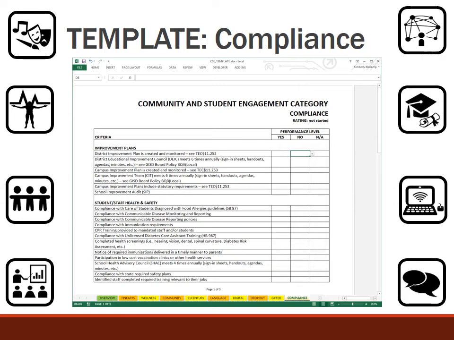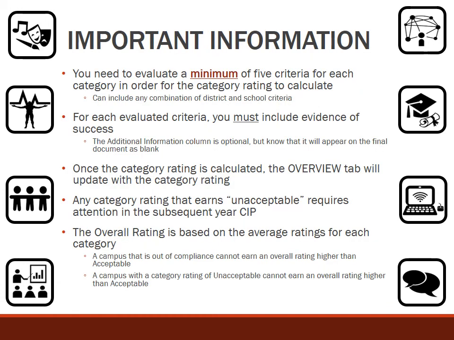This is something that campuses are not required to have, so every campus should indicate NA on the first 2 criteria. To make the indication, click in the appropriate cell next to the criteria and under the performance level. The only option available under each of the 3 columns is an X. Simply record an X under the appropriate performance level.